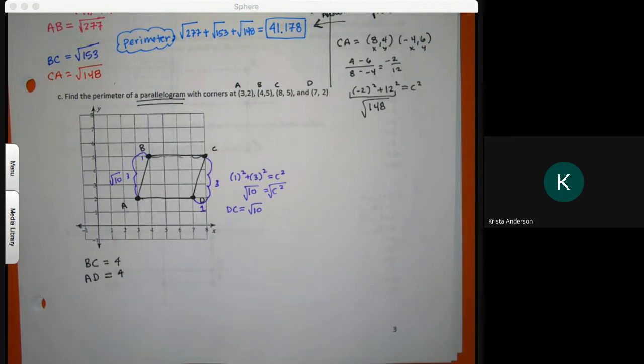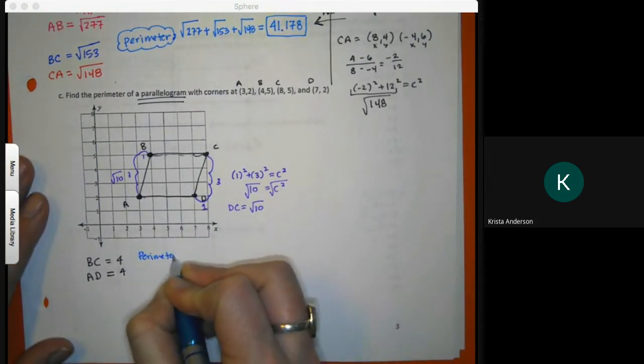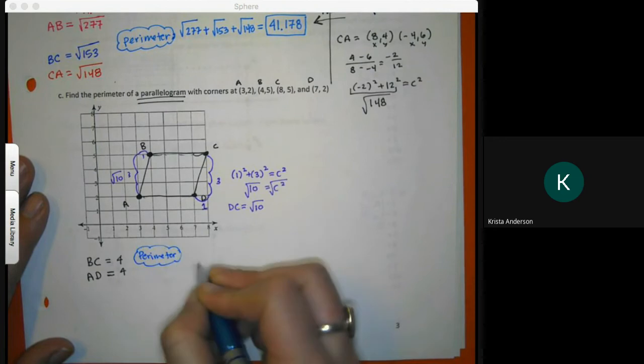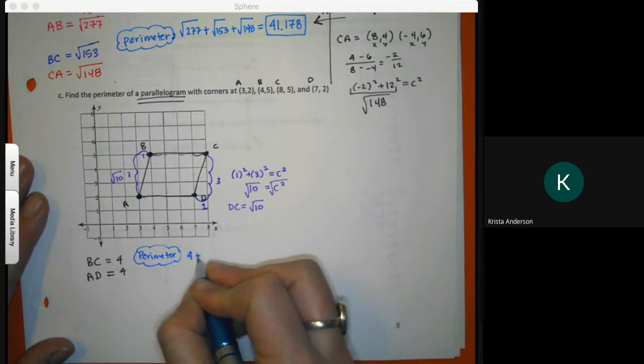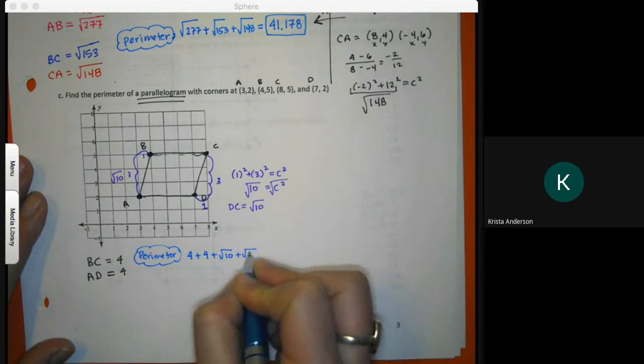That means my perimeter is 4 plus 4 plus root 10 plus root 10.